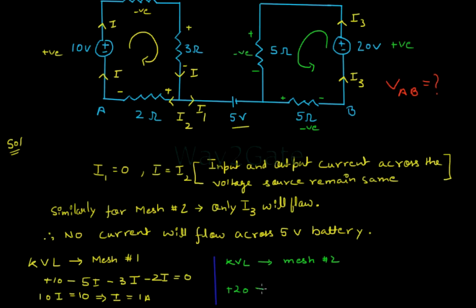Therefore, minus 5I3 and again minus 5I3 is equal to 0. And I3 comes out equal to 2 ampere.